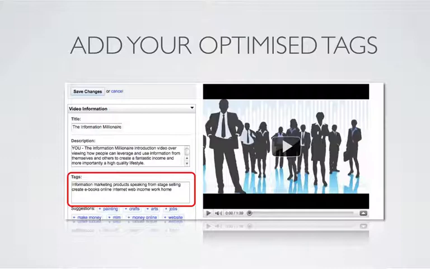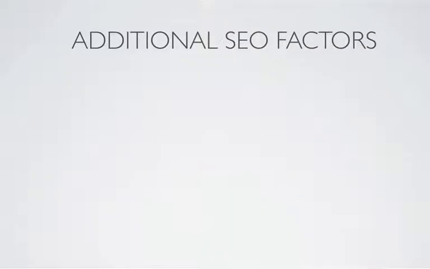If you want to rank for this video in SEO, if you want to put a term into Google in the natural search engines and have your video show up on the front page, you need to make sure that this is done. But there are additional SEO factors that you need to be aware of, because it's not just those three that are taken into consideration.